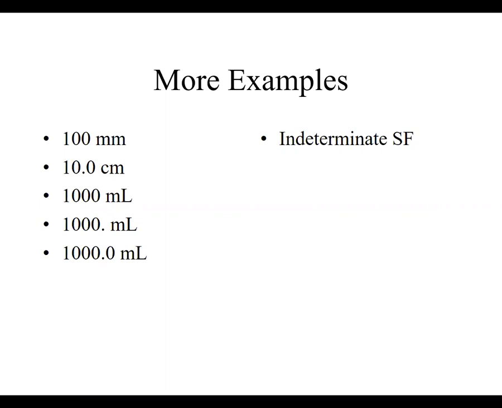Okay, now let's go to the next one. 10.0 centimeters. Well, now we're back to an ordinary measurement. And remember, zeros after a decimal point, or to the right of a decimal point, are significant if they're preceded anywhere in the number by significant digits. And 1, of course, as a non-zero digit is clearly significant. So that makes this 0 after the decimal point significant. It's to the right of a decimal point.